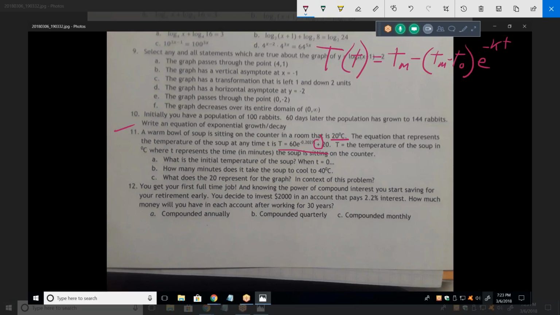In other words, you have a warm bowl of soup that's much hotter than 20 degrees, and the room is 20 degrees, so the soup is going to cool down. And they give us this formula, which looks an awful lot like the formula I wrote, except for one small thing. They have a plus sign there, not a negative sign.